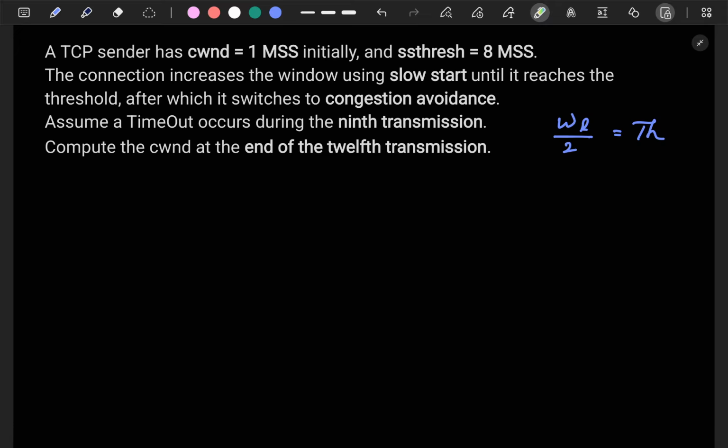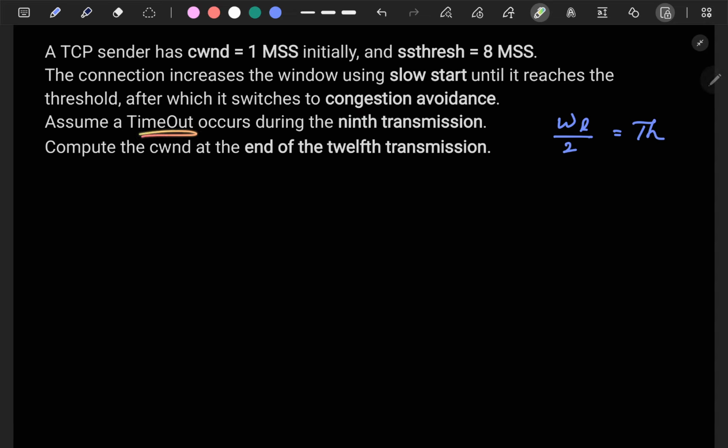It grows exponentially till the threshold, then switches to congestion avoidance, where it grows linearly. That is the question.